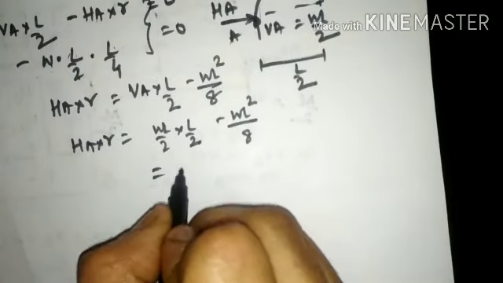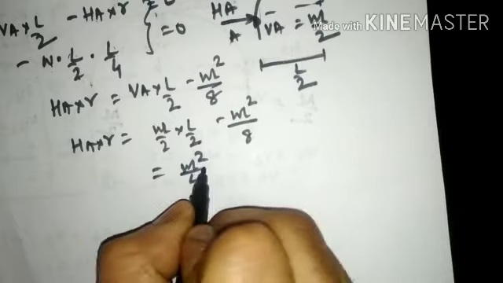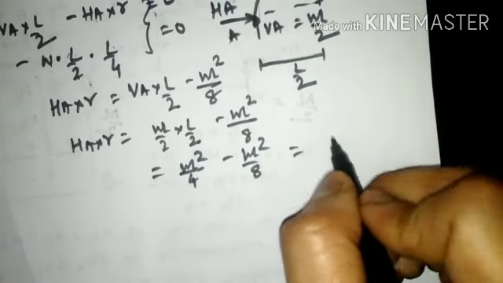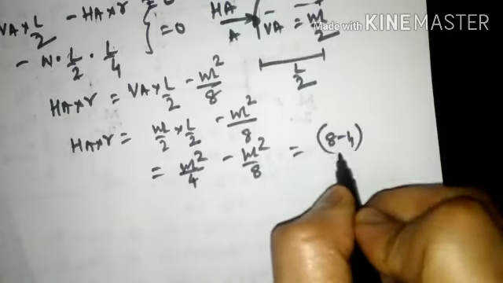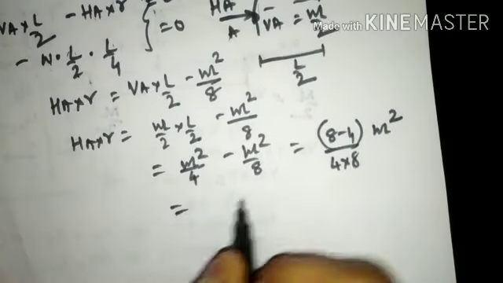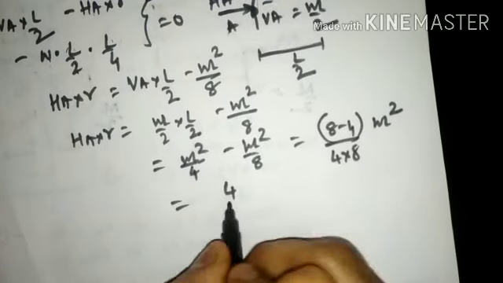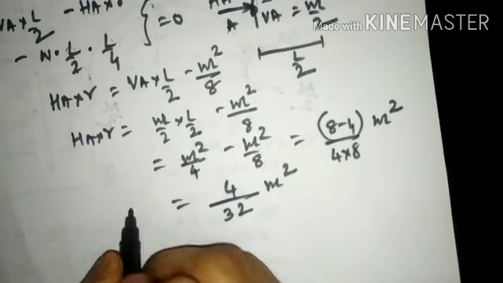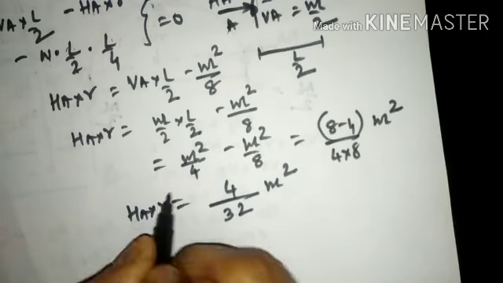Resolving this, WL square by 4 minus WL square by 8, which gives 8 minus 4 divided by 32, WL square, and then the other side will be HA into R.